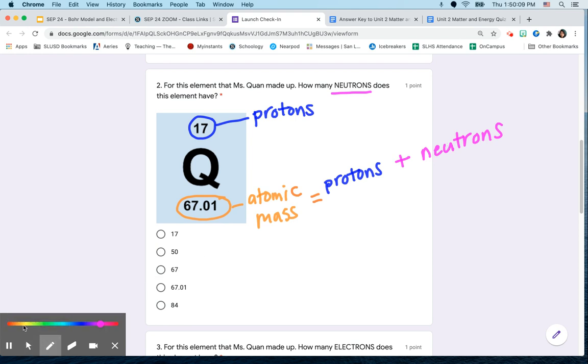So here, our atomic mass is 67.01. When I see a decimal point, I'm always going to round to the nearest whole number. So in front of this decimal is the number 7. So that's the number I'm going to round to. I'm going to look behind this number and I'm going to follow the rule for rounding.